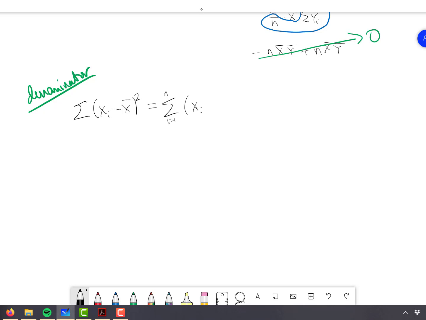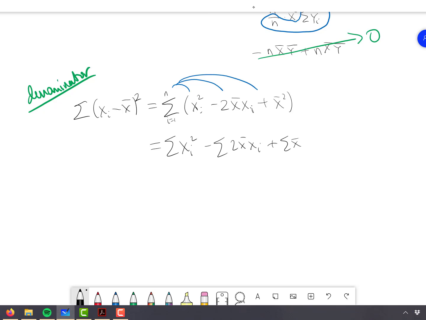We would have xi squared minus 2 x bar xi plus x bar squared. And at this point, we can again distribute our summation throughout these additive terms. And so what we really have is the sum of our xi squared minus the sum of 2 x bar xi plus the sum of x bar squared.